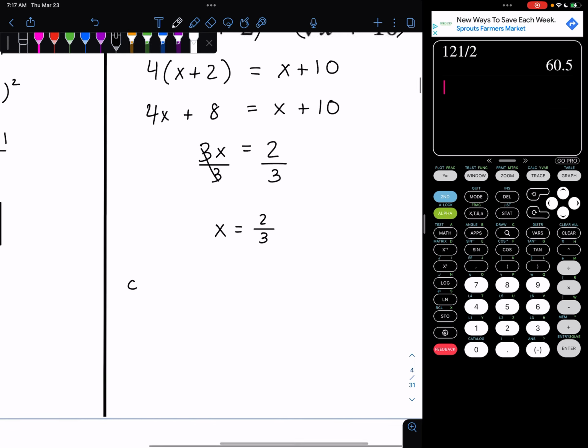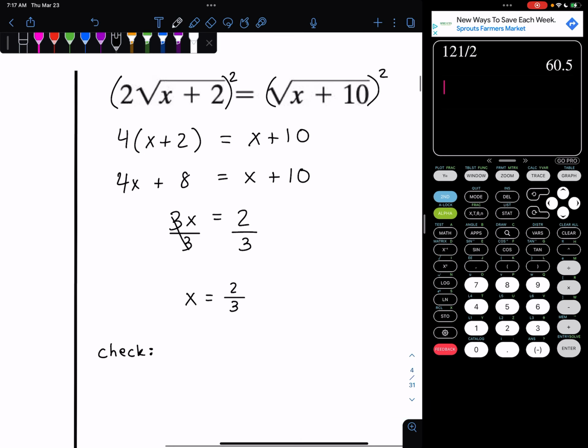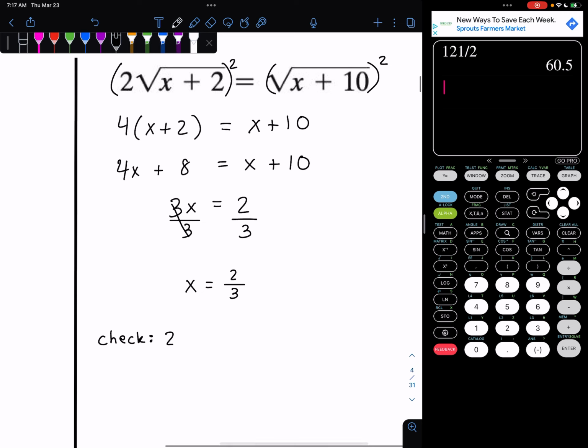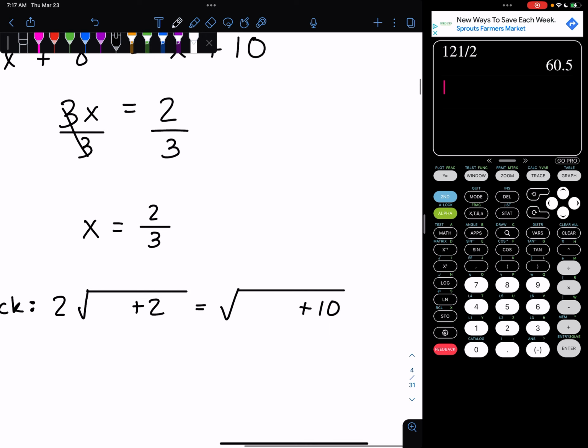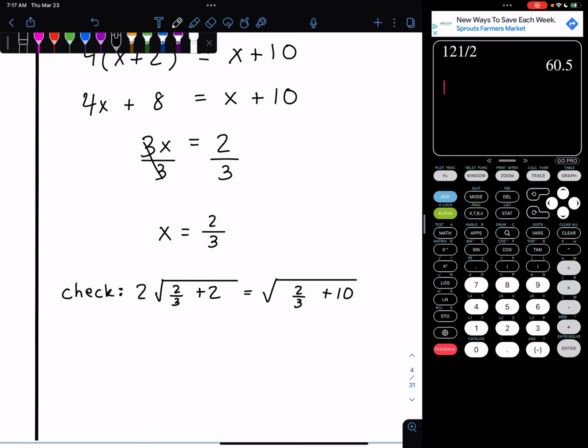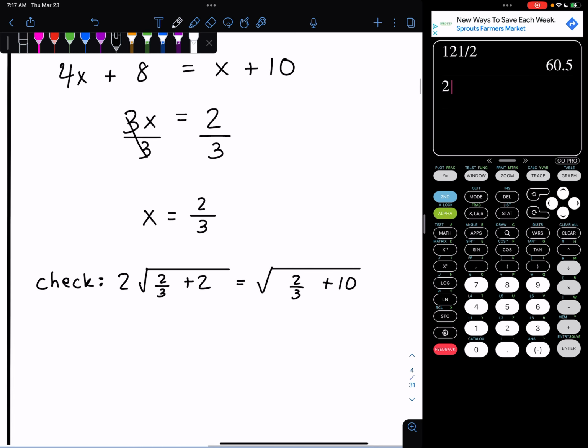So here we go. Check. You've got to plug into the original. Always check back with the original problem before you do anything else. So I'm setting it up so I can put my x, my 2/3. Let's see this. 2 times square root of 2/3 plus 2.